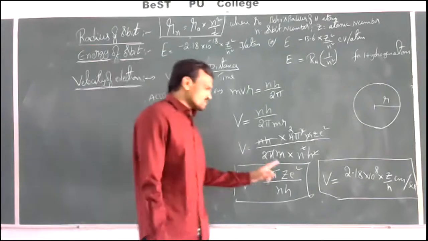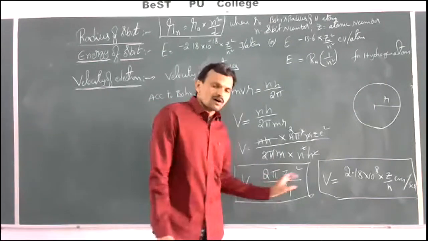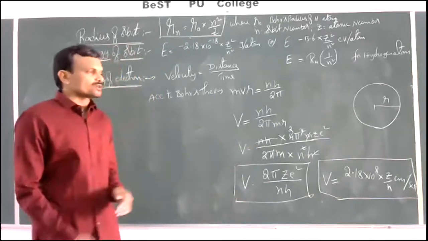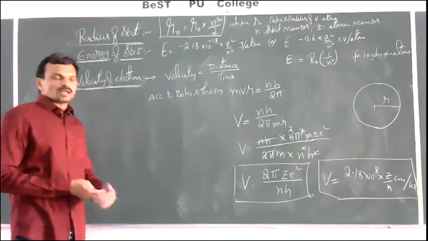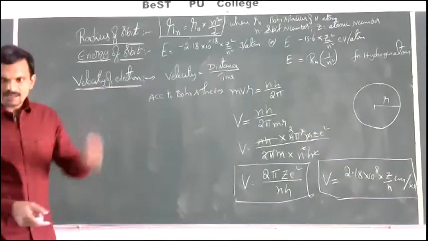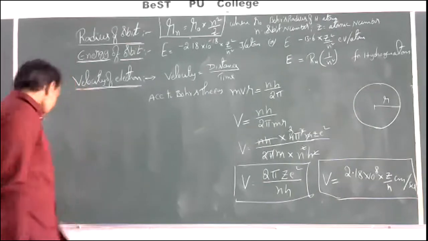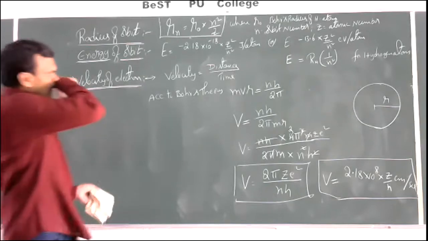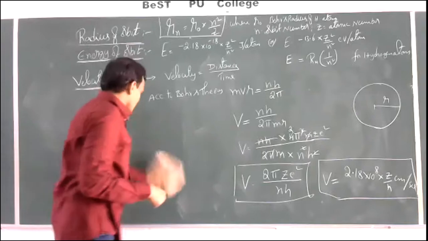Here, except Z and n, if you substitute all other values, then we get v is equal to 2.18 into 10 power 8 into Z by n centimeters per second. So this is the expression for velocity of the electron in an orbit.